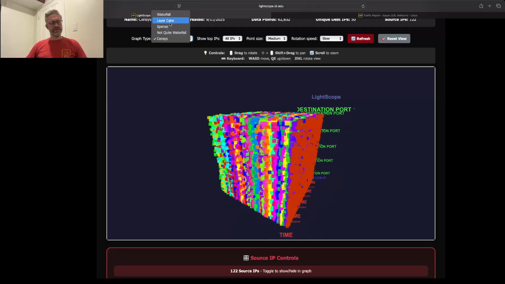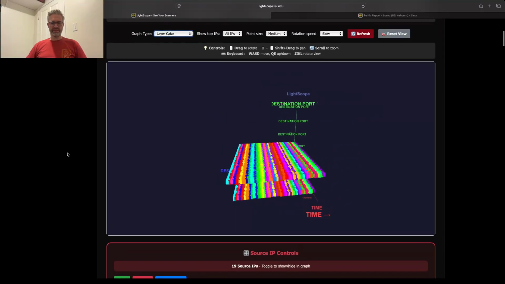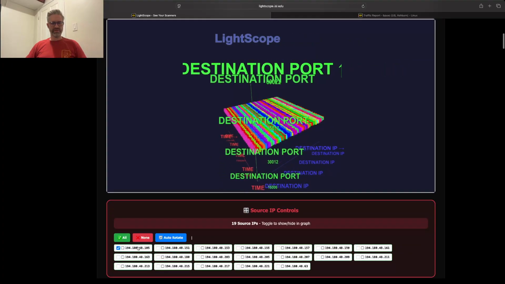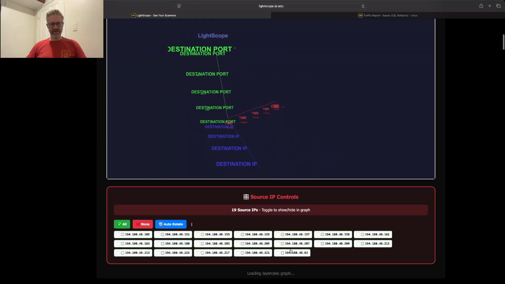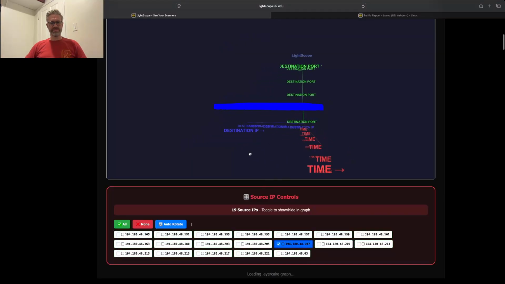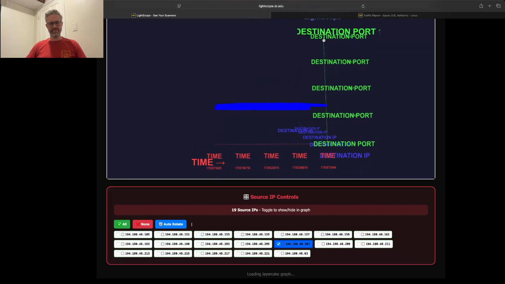Here's another example of a sharded scan that we can use Lightscope to de-shard. The interesting thing you're looking at here, I call this one layer cake. You have a certain IP that's responsible basically for just one port range, okay? And again, these are a whole bunch of different endpoints that we're monitoring on this axis. This is time, and these are ports.